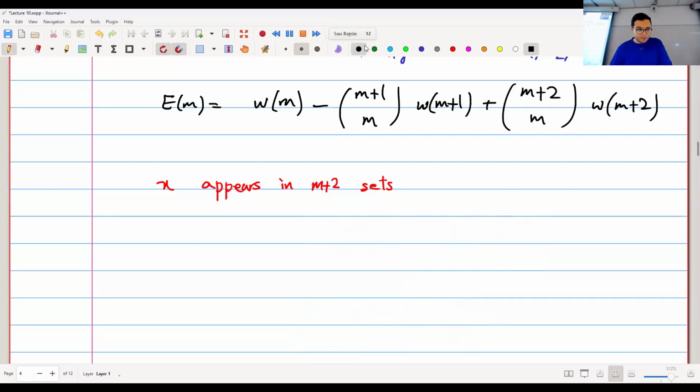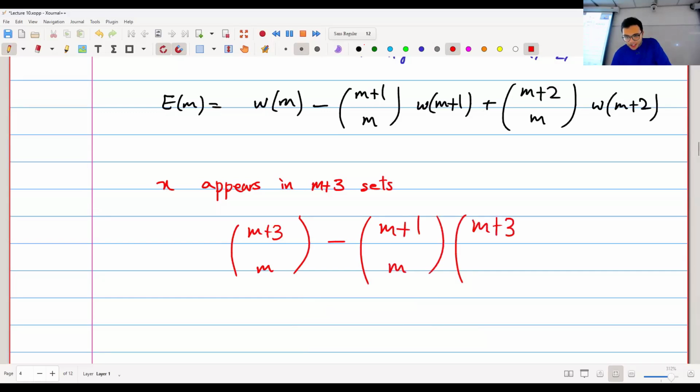Let's say that x appears in m plus 3 sets. Okay, how many times is it counted on the right-hand side? On the left, I've counted it 0 times. On the right, it's counted, if I look at this one, m plus 3 choose m minus m plus 1 choose m times m plus 3 choose m plus 1 plus m plus 2 choose m times m plus 3 choose m plus 2.